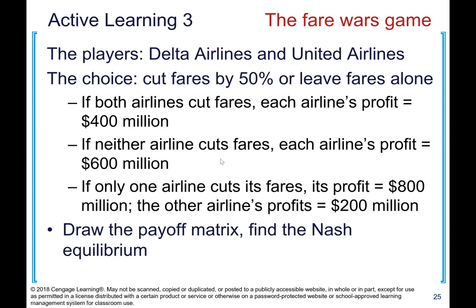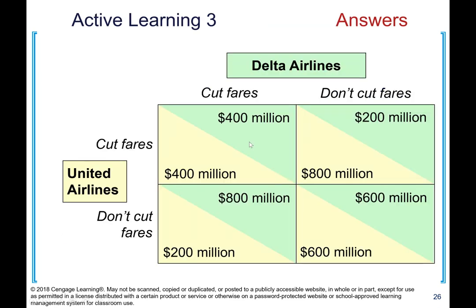If neither airline cuts fares, each airline's profit will be $600 million. If only one airline cuts its fare, its profit will be $800 million. The other airline's profit will be $200 million. Draw the payoff matrix and find the Nash equilibrium.